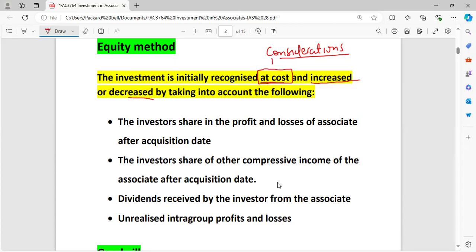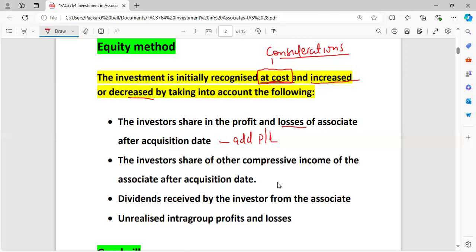What are those items? The first is the share of profit and losses of the associate after acquisition. So in your cost of the investment, you are going to add the profit or a loss, which means if it is a loss, it is going to reduce this investment.